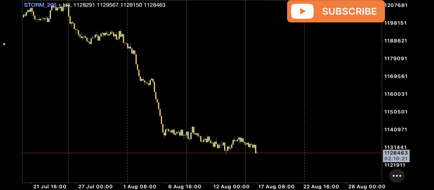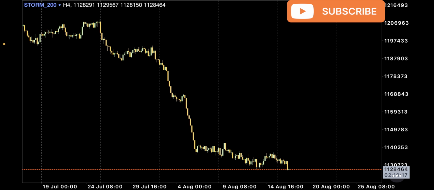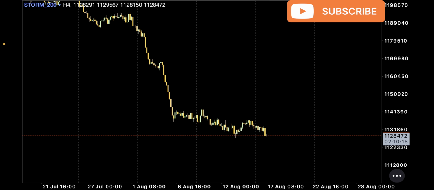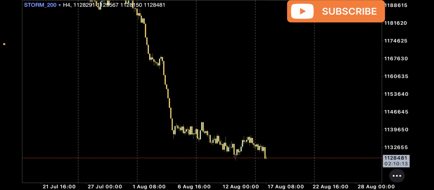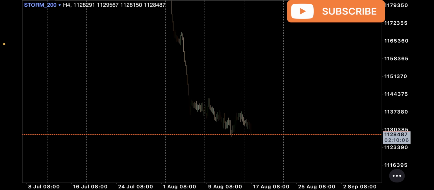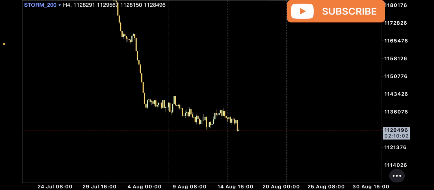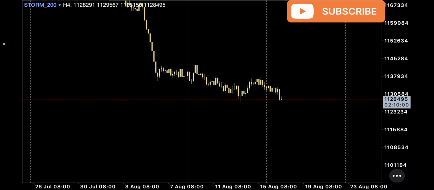So I want to start with the 4 hour. The 4 hour tells us that we are downtrending, the market has been trending to the downside for a very long time. As you can see on the chart, we are seeing more bearish candles being printed.